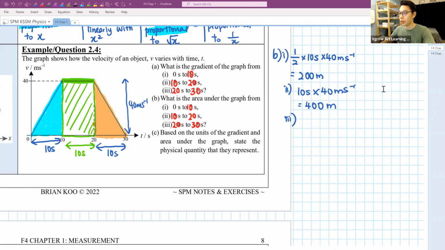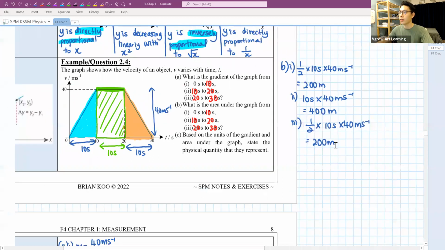Still 200. Okay, a triangle is 1 over 2 times the base length times the height. So it is still going to be 200 meters. Okay, so we have done already.